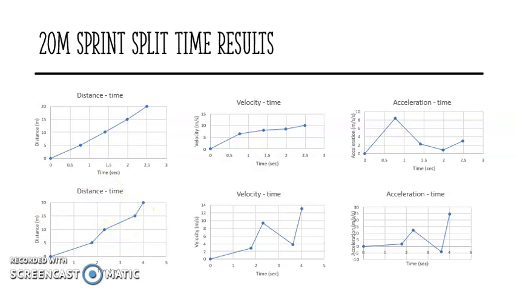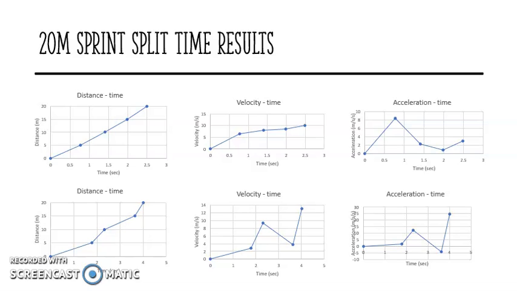So this tells us that the better performer was working at roughly the same speed throughout, whereas the worst performer started at a slower speed, sped up, then slowed down again and then sped up again.